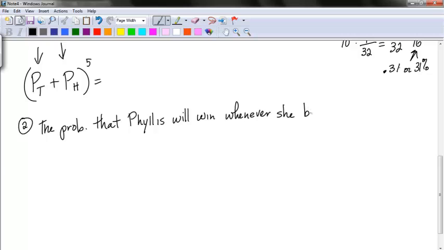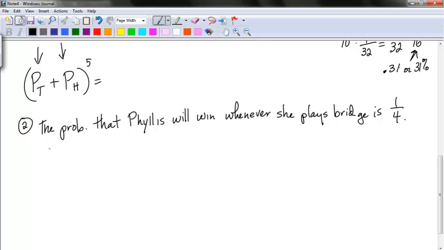Bridge is a card game. Is 1 out of 4. That's the probability she wins. What's the probability she loses then? 3 out of 4. It always adds up to 1.